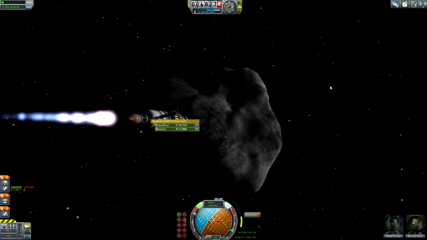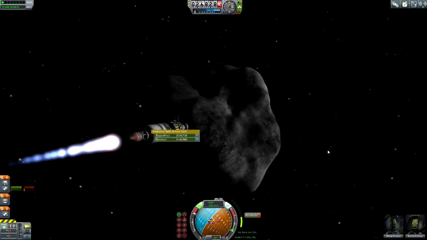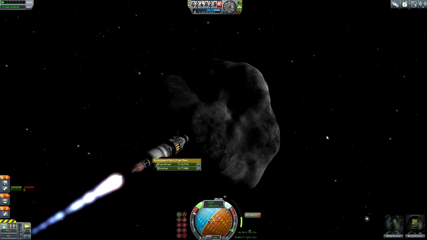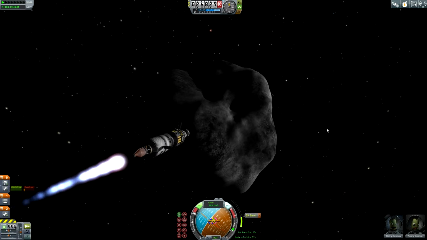Okay, I am down to 36 units of liquid fuel, and as you can see, I am down to 62 meters per second of delta V left until I would have managed to insert this asteroid into an orbit around Kerbal. So I think we will miss our target by just a few meters per second, and this is really disappointing.